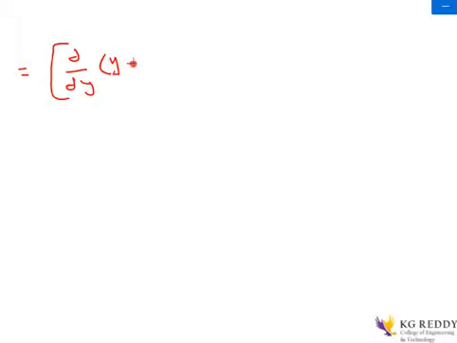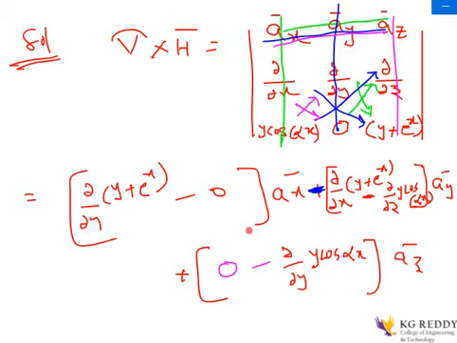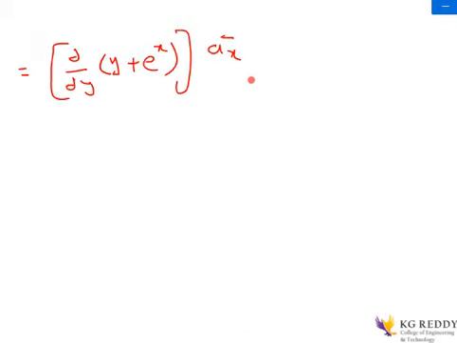So I am writing the direct step like this. It will become dou by dou y of y plus e power x, into ax bar. What I have done is simply removed this zero, to make this equation very simple.